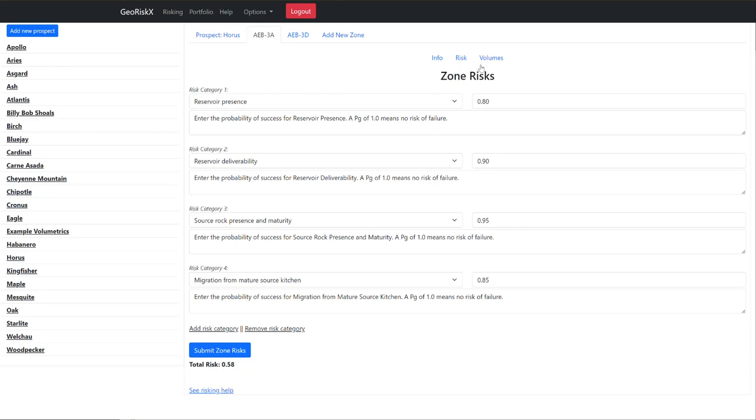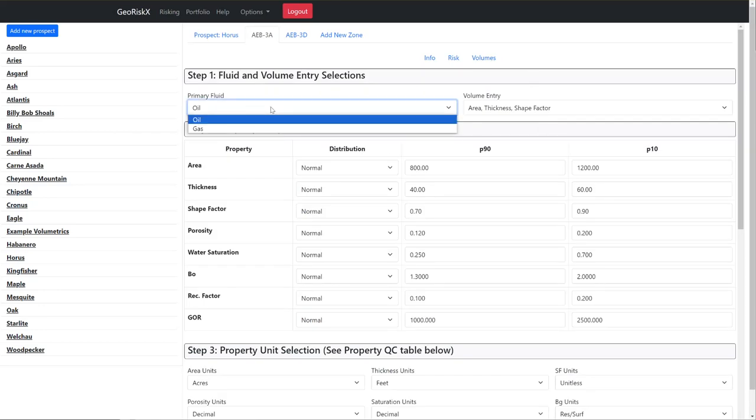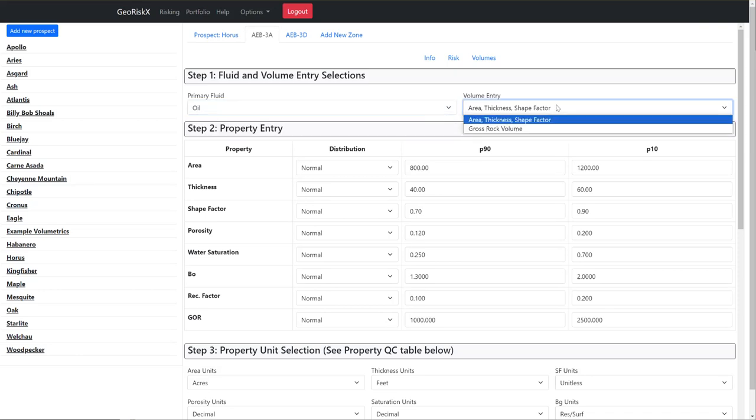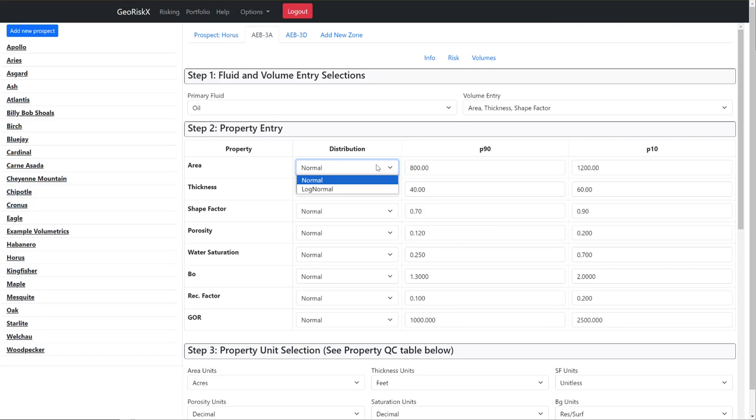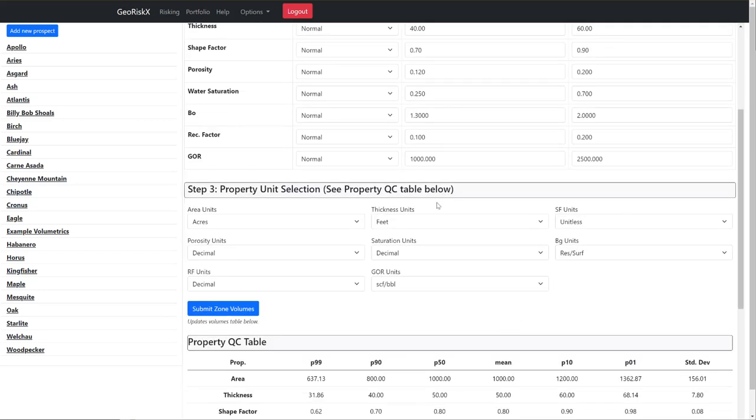We can then go through and evaluate our volumes. Here we have the choice: do we want to evaluate the primary fluid as oil or gas? Do we want to look at it with respect to area, thickness, and shape factor, or do we want to look at a gross rock volume? We can then choose the type of distribution we'd like and enter in the values for the P10 and P90. We'll tell it the units that we're working in. Is it imperial or metric?